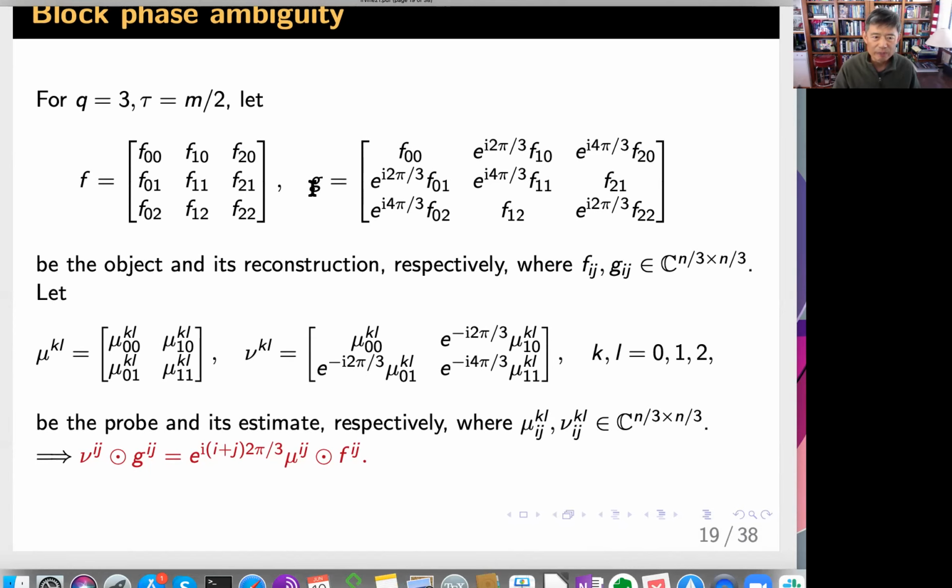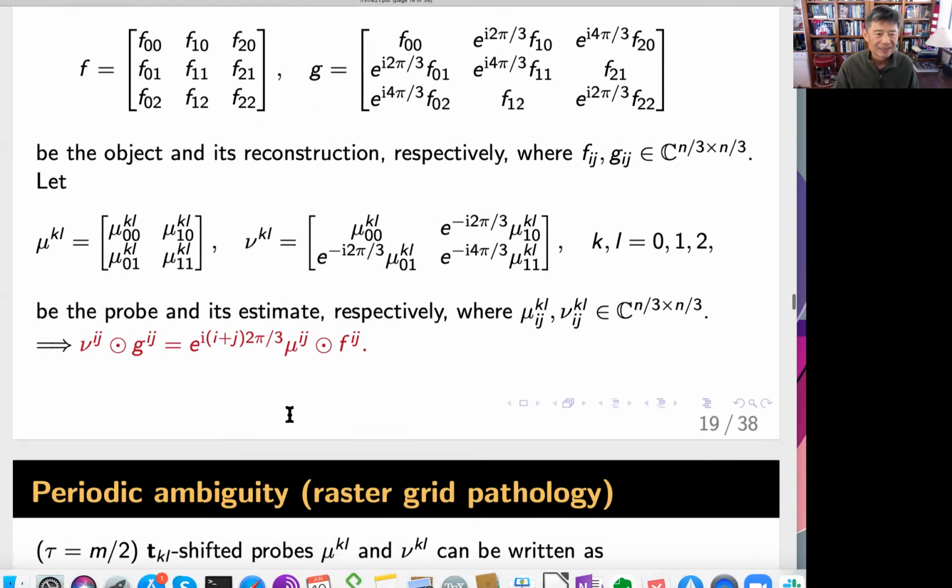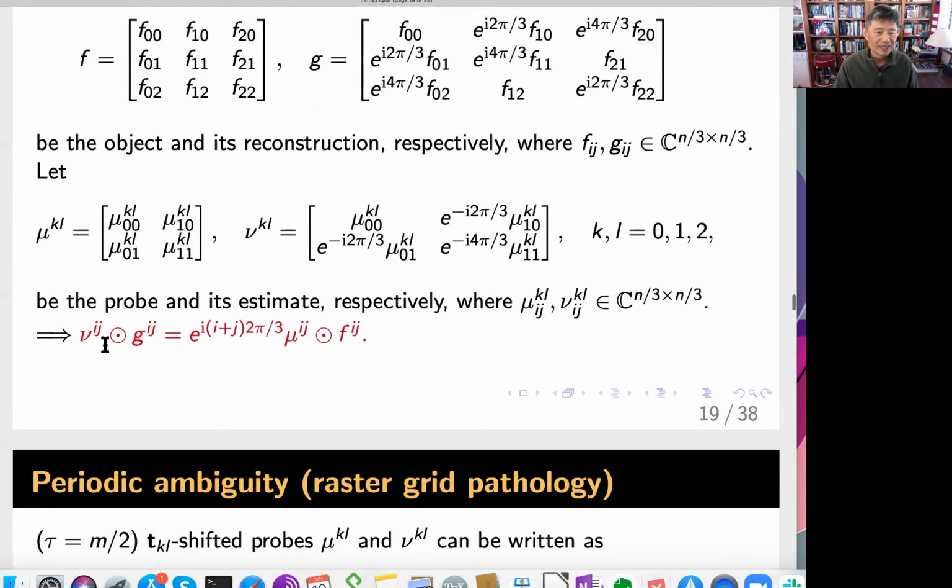When you make the product of G with nu, this 2x2 part will cover this 2x2 part, and their phase factors will cancel each other. And then you will have this result: nu times G equals some phase drift times mu times F, right?